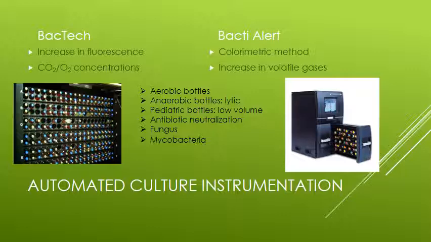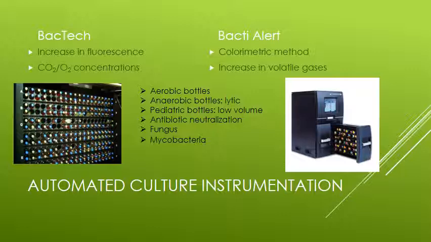BacTec actually uses, at the base of the bottle, a sensor that has a dye in it. And that dye reacts with CO2 in the bottle. Okay, so what happens is that sensor, the dye there, will modulate the amount of light that'll be absorbed by a fluorescent material in the sensor.